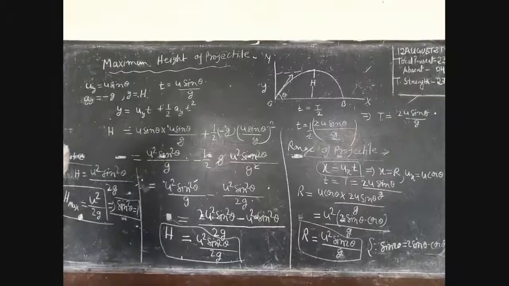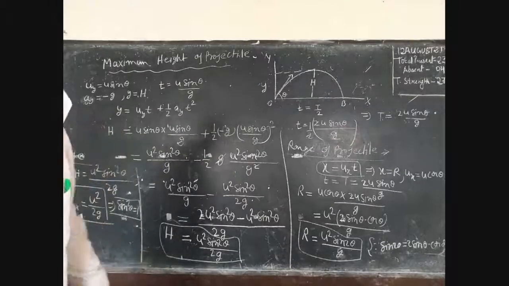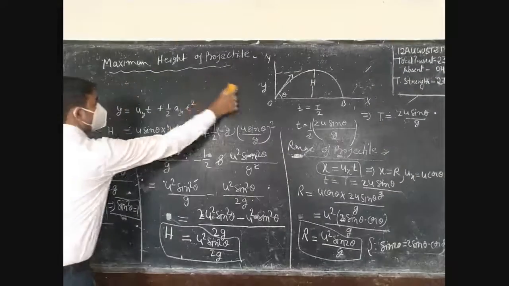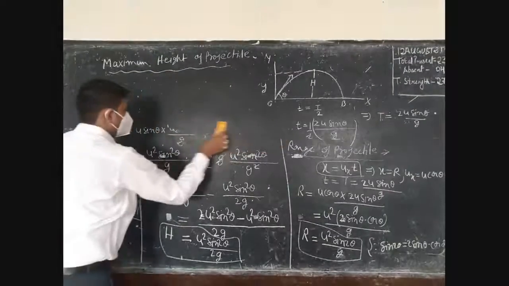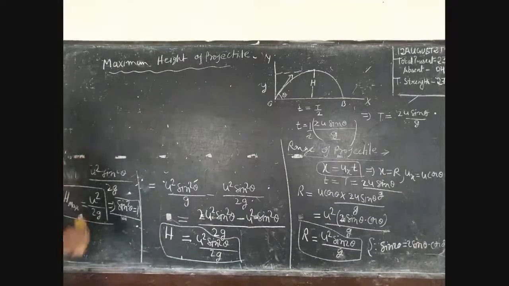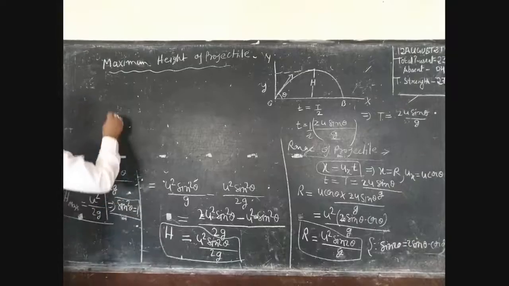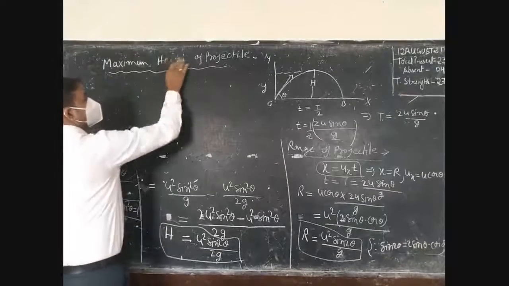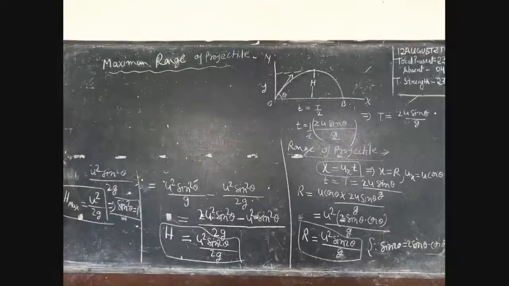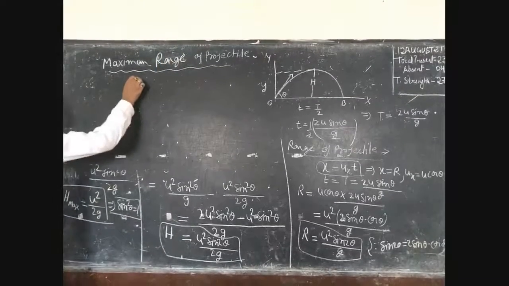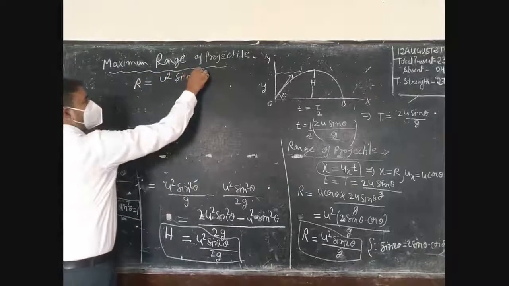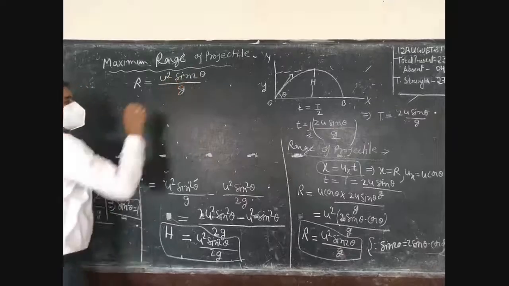Next, write maximum range of projectile. For maximum range, as we have R is equal to u square sin 2 theta upon g.